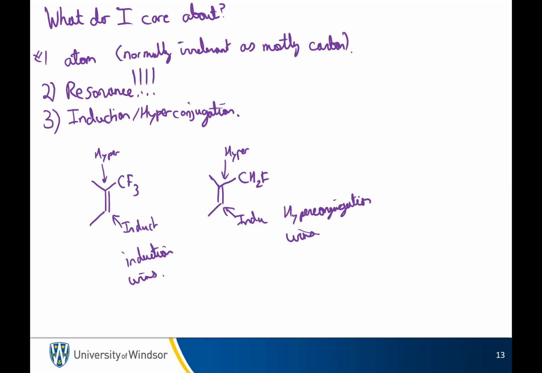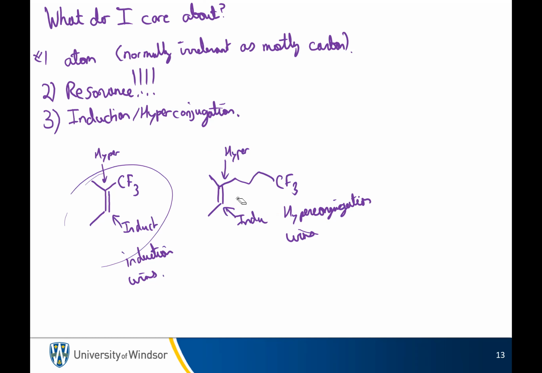So my promise to you for the evaluations is you're not going to have a case where you need to distinguish between hyperconjugation and induction when it's that close. Having a case like this is kind of unfair. What would be fair is if I drew that and then drew CF3 over here.